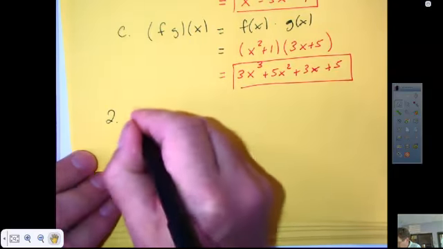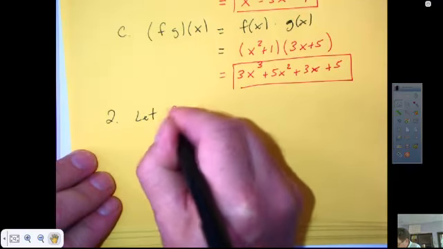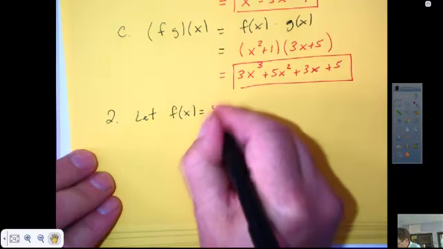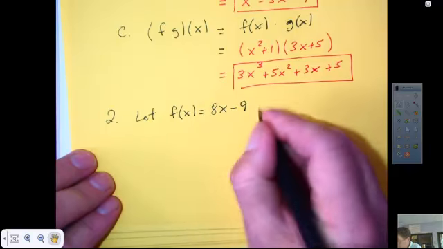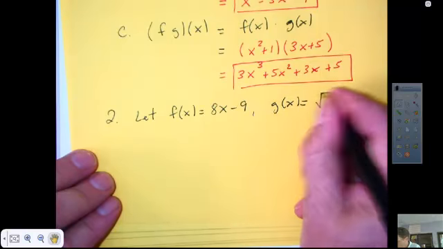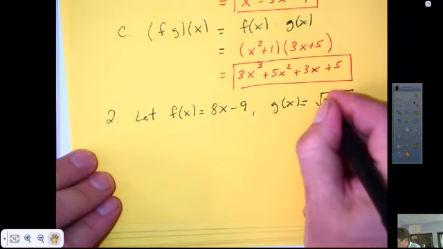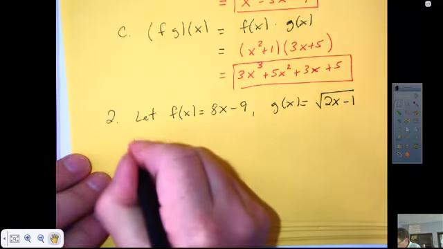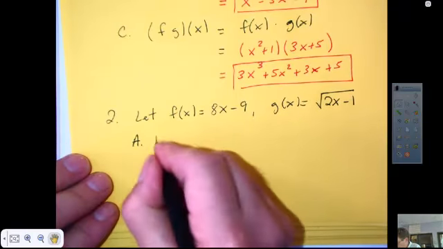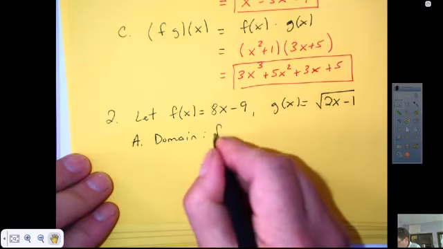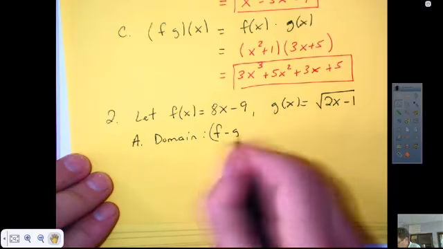I'm going to let f of x equal 8x minus 9 and g of x be equal to the square root of 2x minus 1. And so I want to find the domain of f minus g of x.